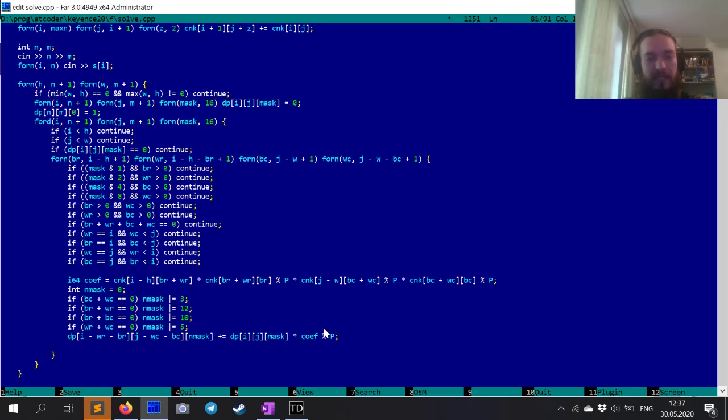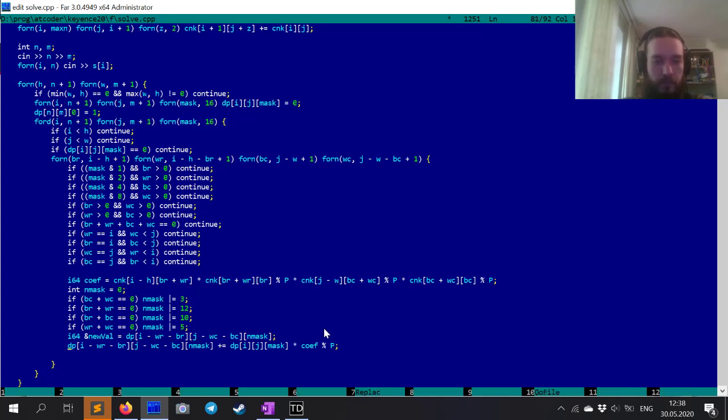You can retype this here, or you can do this slightly more... Actually, the best way I think of is like this. So this is the value that we want to update.